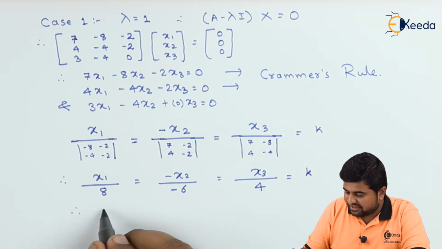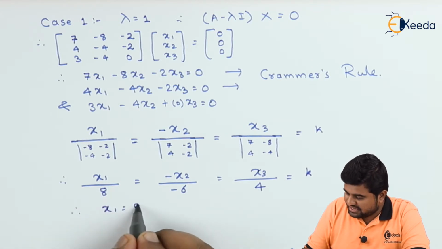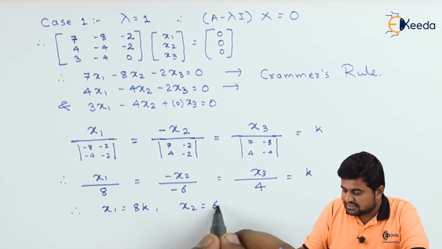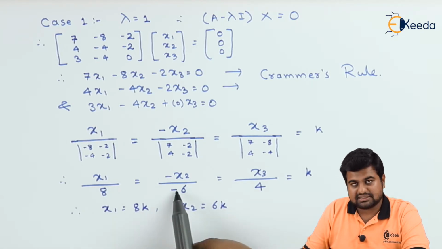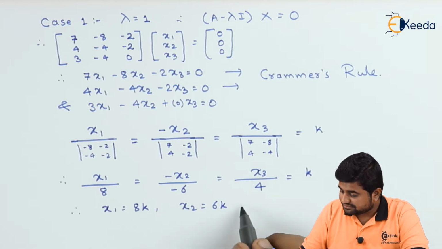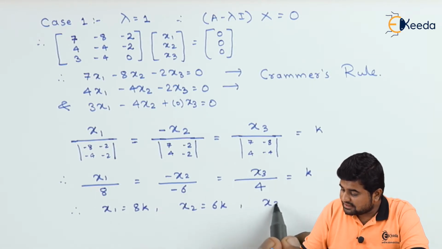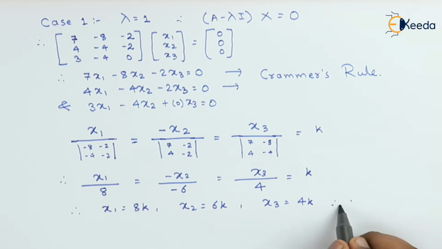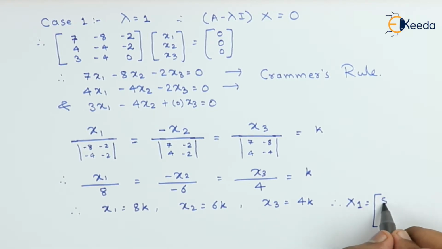Therefore, x1 is equal to 8k, x2 is going to be 6k, because the minus minus sign is gone, and x3 is equal to 4k. Therefore the first eigenvector becomes 8k, 6k and 4k.